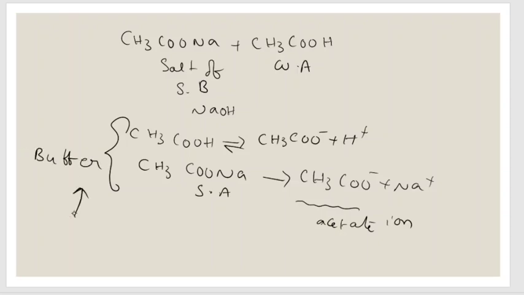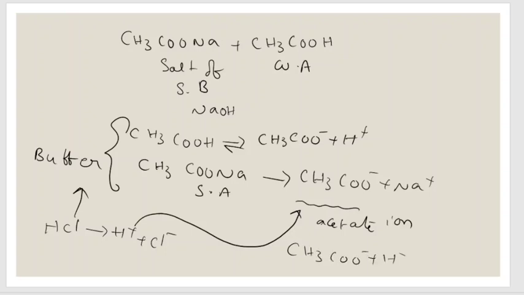That means when we add a small amount of acid like HCl, the H+ ions from the HCl readily react with this acetate ion and readily form undissociated acetic acid molecules.